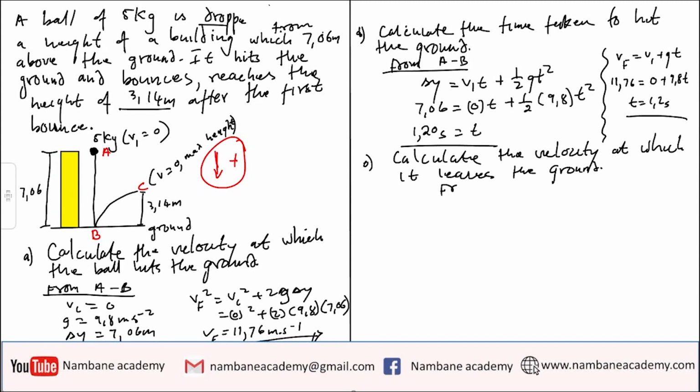So from B to C, let's write our data. Very easy. We want V initial at B. That is the question. Do we have V at C? Yes, V final is equal to 0 at C, because it is the maximum height.